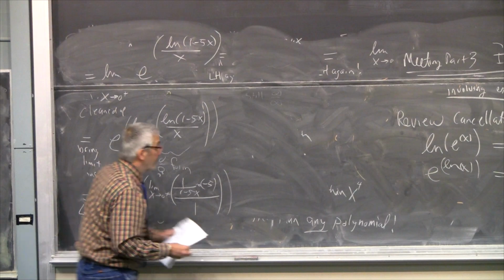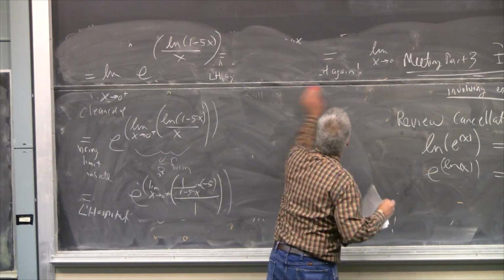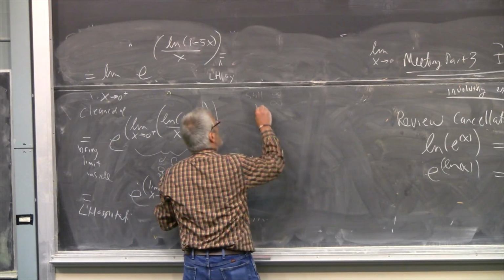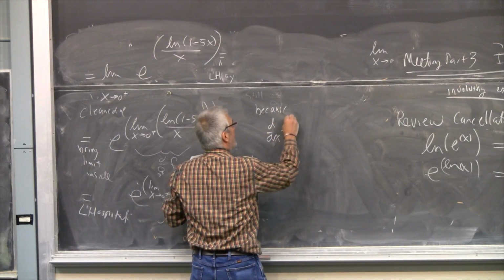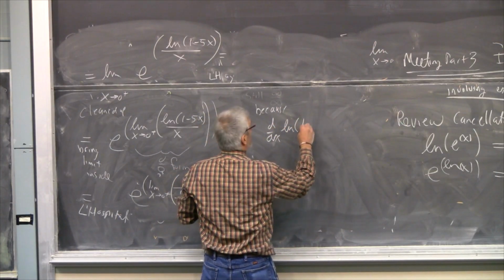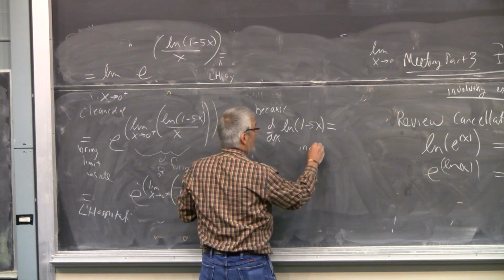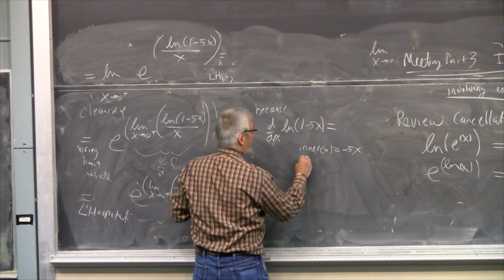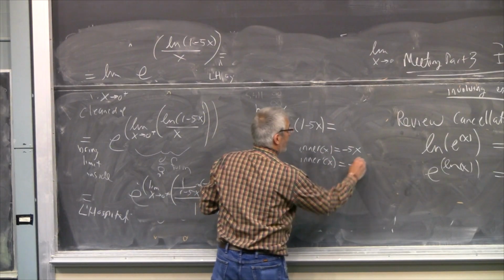So let me explain why. This is because the derivative of ln of 1 minus 5x equals, let's see, the inner function is 1 minus 5x. So my inner prime is minus 5.